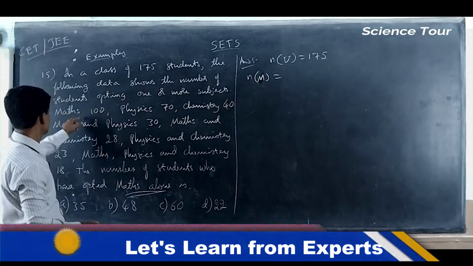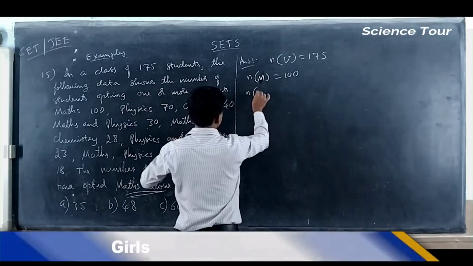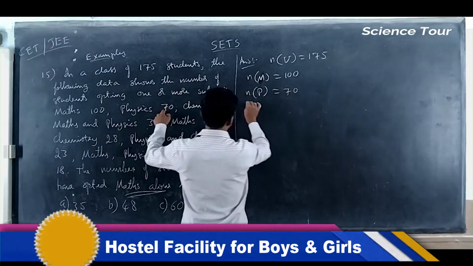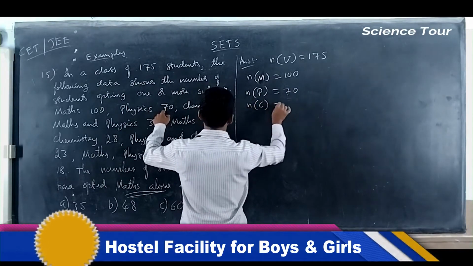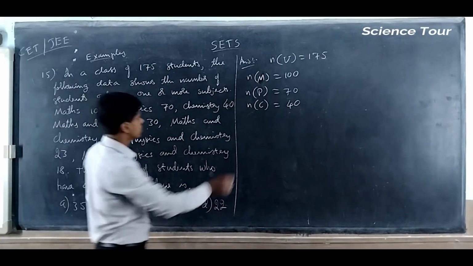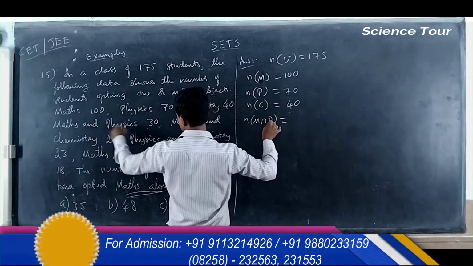So you have 100, and then you have 70 in physics, and then chemistry there are 40 students, and maths and physics is 30.